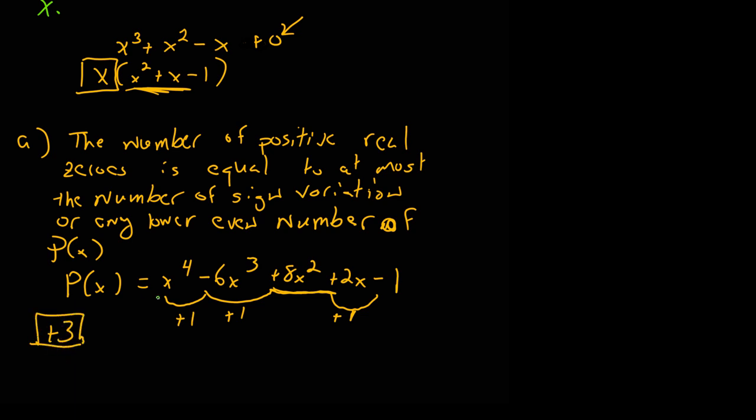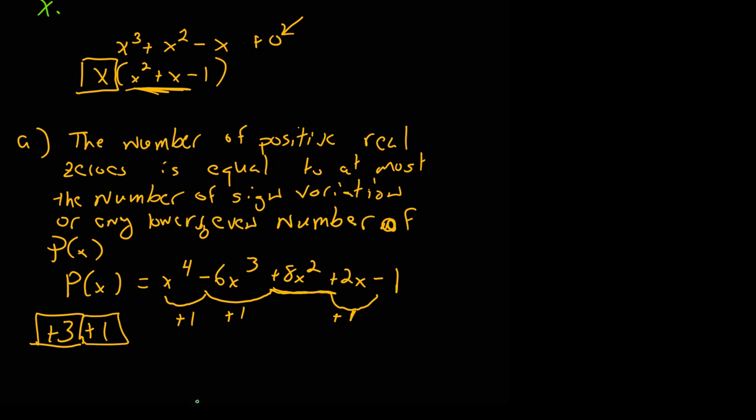So Descartes' rule of signs says I have 3, or any lower, lowered by an even number, I guess would be the better way of saying it. So that means I have 3 or 2 less, 1. I count down by 2s.